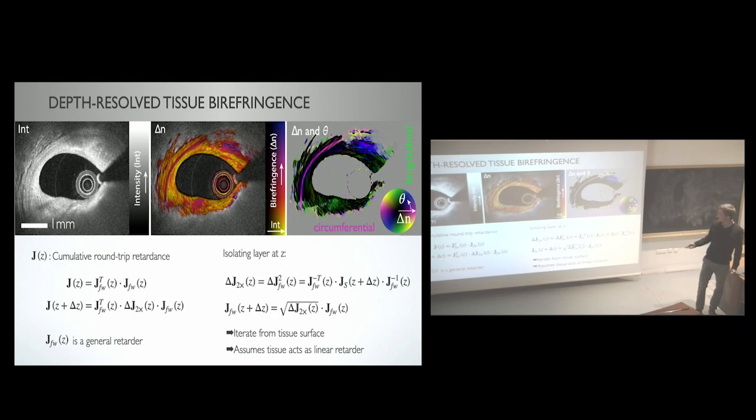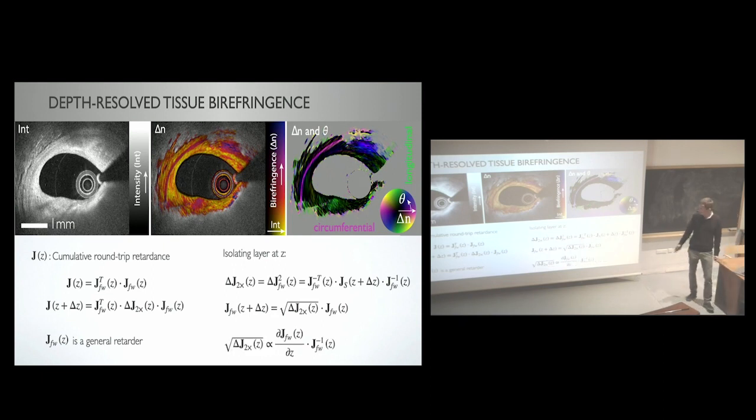But if you now do this, we can back out, in addition to the birefringence, the optic axis orientation. So we have now in color here the physical optic axis orientation, and in brightness the amount of birefringence. And you can now appreciate how that muscle layer in that tissue has a circumferential orientation in the vessel, and the collagen here a more longitudinal orientation.